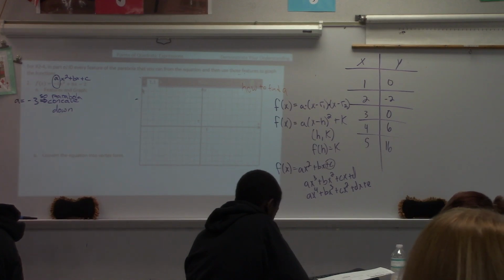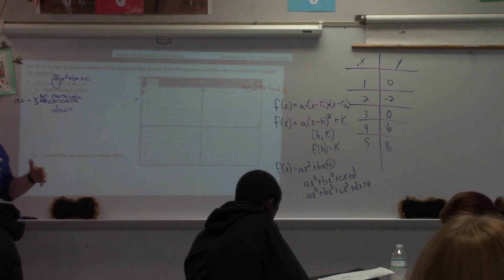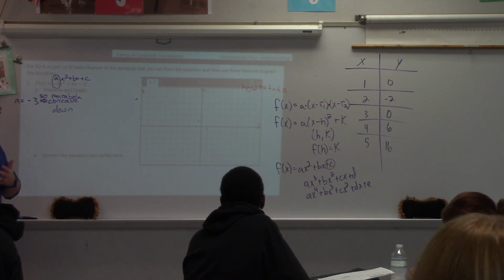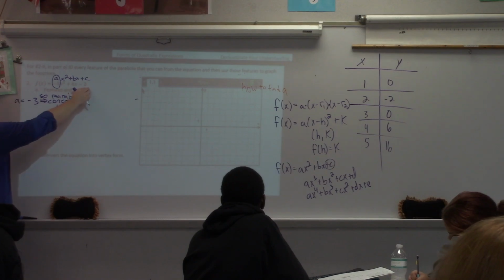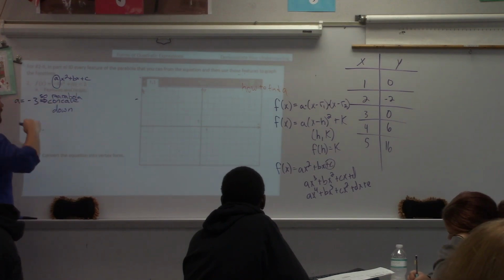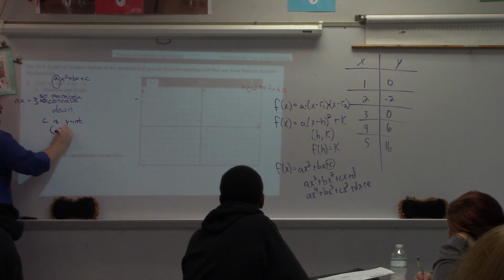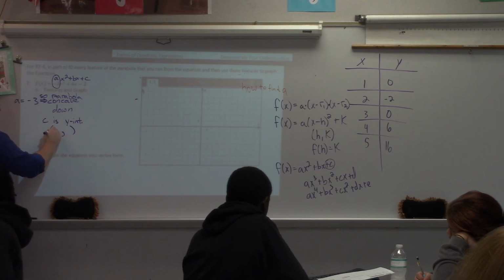Now again, this is standard form. Once again, if I want a y-intercept, what do we know about every y-intercept that's ever existed and will ever exist? The x value is 0, right? Y-intercept, x is 0. And so that's why we can clearly see that C is my y-intercept, negative 2. Now be careful, again, I had a lot of people say C is the y-intercept, and that's mostly true, but remember, that is my y-intercept.